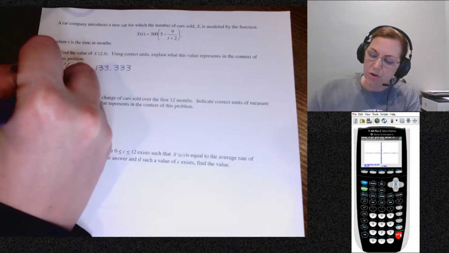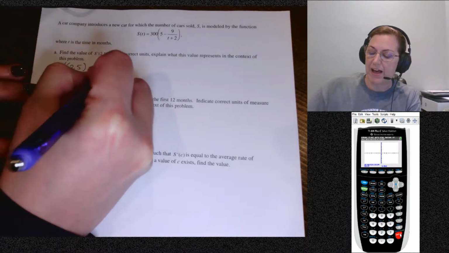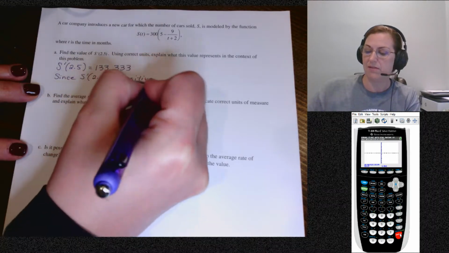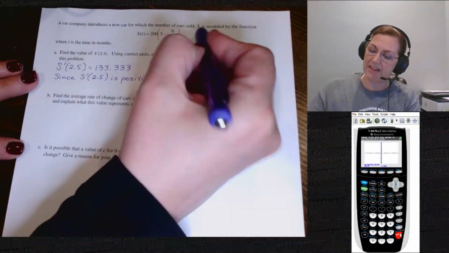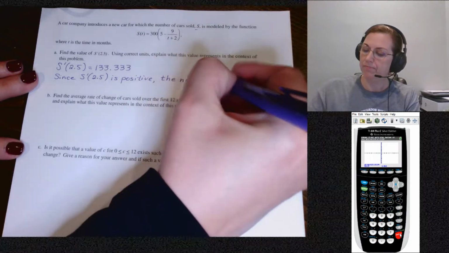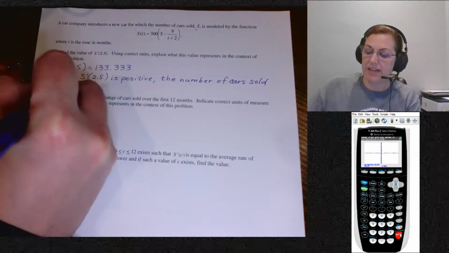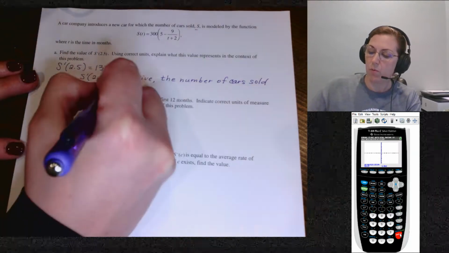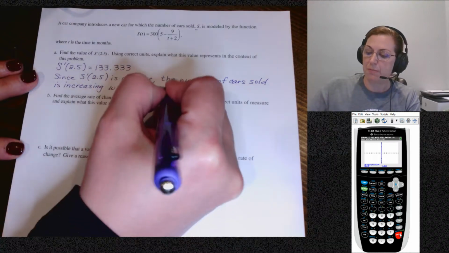Okay, so since S prime of 2.5 is positive, that means that the number of cars, that was S, sold is increasing when T equals 2.5, and that's in months.